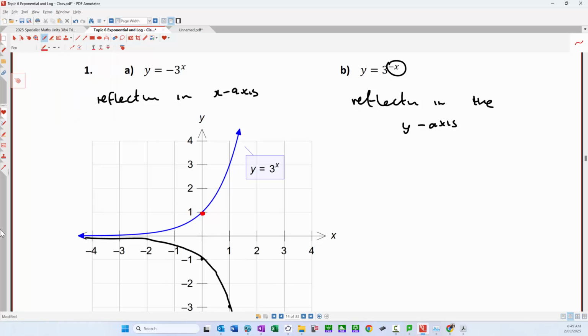When I reflect that in the y-axis, it'll stay in exactly the same spot. That is going to go to there. You can see it's going to be asymptotic, something like that. Y equals 0.